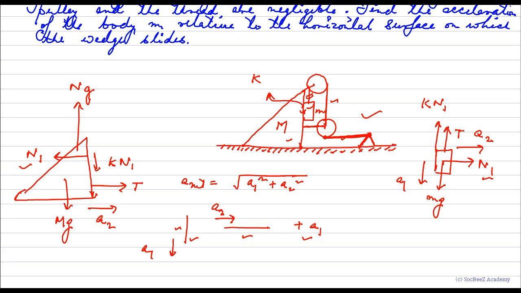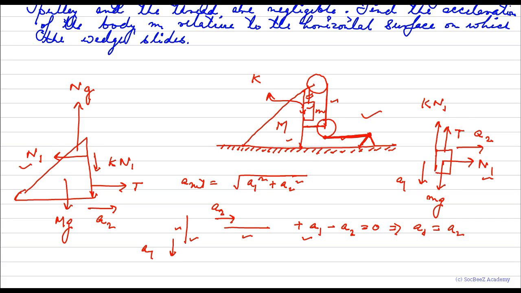If a segment has a tendency to stretch, I'll write positive. This segment has a tendency to shorten with an acceleration of a2, so I'll write minus a2. This must be equal to 0 since the total length of the string is neither stretching nor shortening. So I get my relationship between a1 and a2 as a1 equals a2.